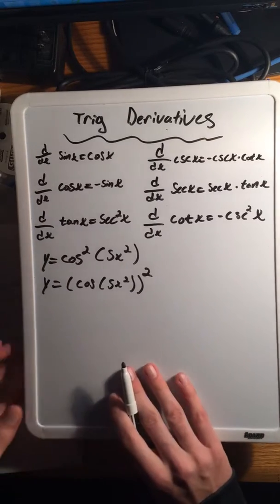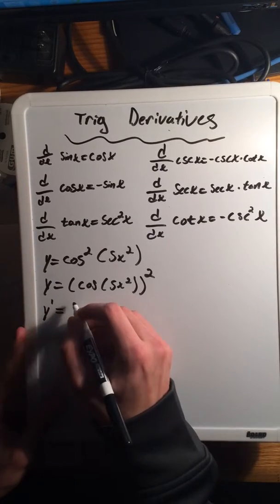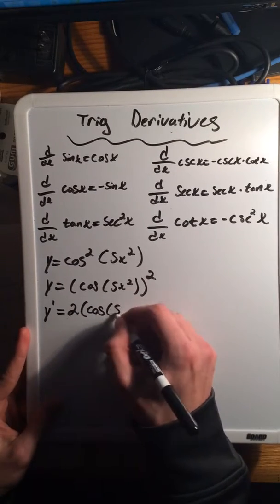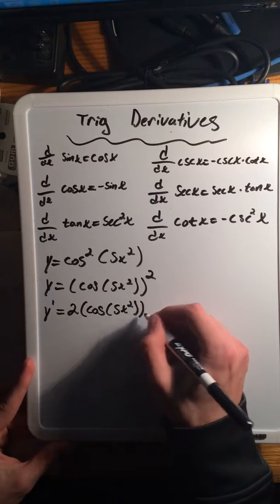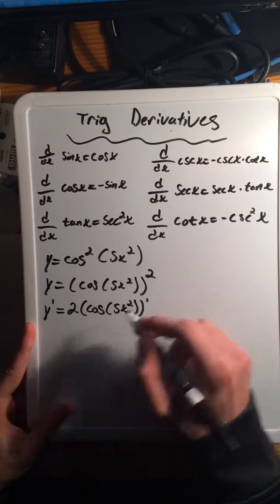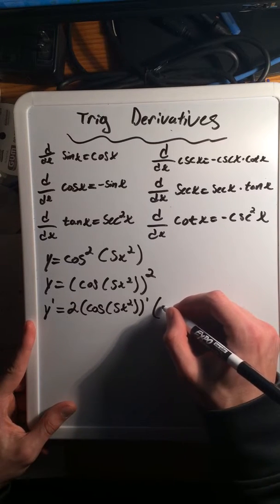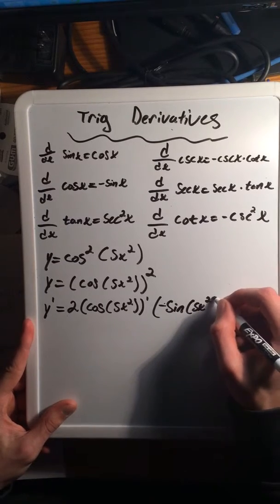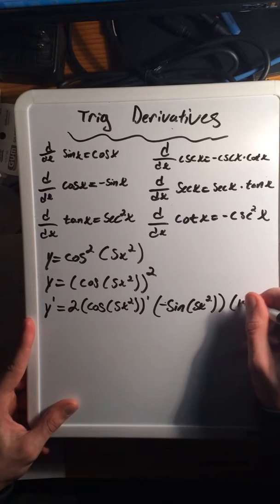Now I'm going to start to find the derivative. So y prime equals, bring the 2 down in front, so 2, open parentheses, cosine 5x squared, close parentheses, to the 1, just to write that out there. Then I'm going to have the derivative of cosine, so it's negative sine of 5x squared times the derivative of the inside, which is 10x.